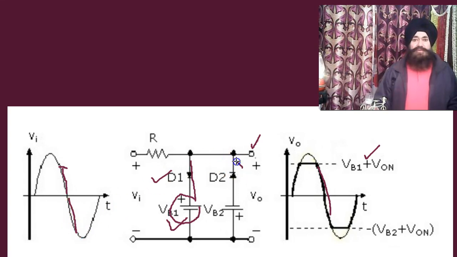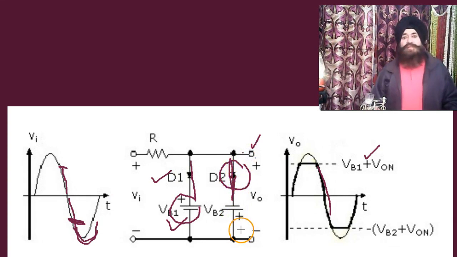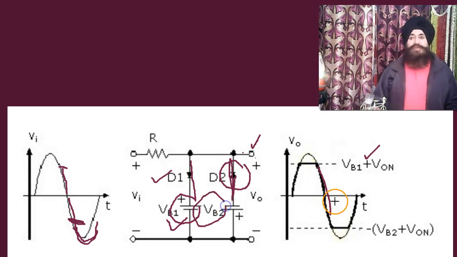But this negative tries to make D2 forward biased, and when the strength of the signal is greater than VB2 and crosses this level, it makes D2 forward biased. When D2 is forward biased, short circuit, the voltage between the two ends now becomes VB2. So this voltage is VB2, and if it is a real diode, VB2 plus V on.